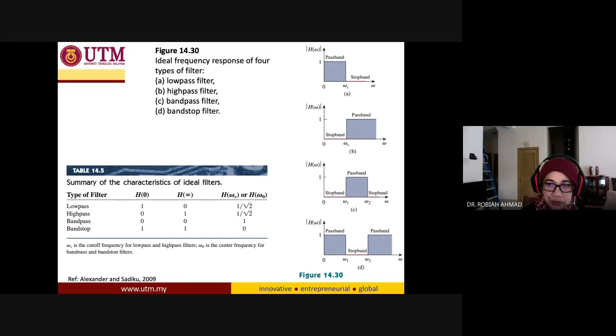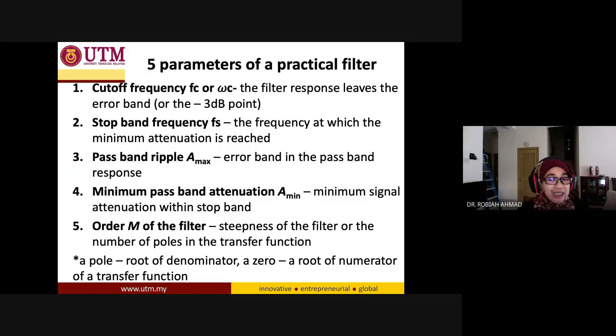Using this ideal low pass filter, whatever I put into that filter, I will get exactly. But practically sometimes you cannot have that. So we can study the parameters that we can play with, depending on the design. These are the parameters that we can change or manipulate.